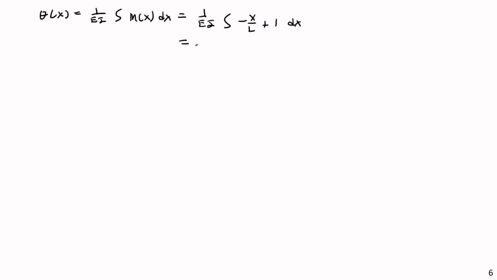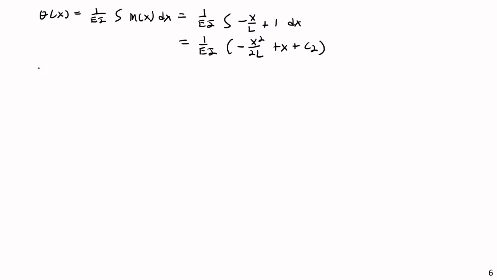And the result of that is going to be 1 over EI times negative x squared divided by 2L plus x plus c2, another constant. And just like in the previous case, we're not going to be able to immediately get this constant c2 here, because we don't, of course, know anything about the rotation at ends A and B, at least not yet.